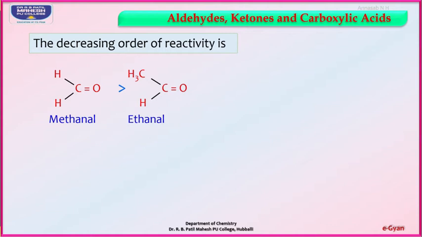Name of the compound is ethanal, which shows greater reactivity compared to the two alkyl substituted carbonyl group. First two are aldehydes and the third one is ketone. So the reactivity is going to decrease as there is a presence of two alkyl groups attached to the C double bond O group.